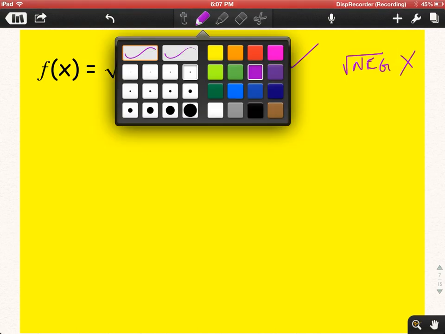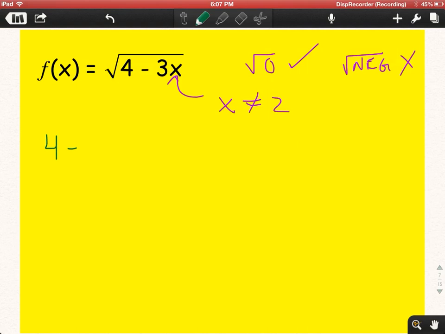But again, we need some methodology so we can get all of the answers. So we just think about this in terms of what has to be true. And 4 minus 3x has to be greater than or equal to 0, you can have 0 underneath of a radical.